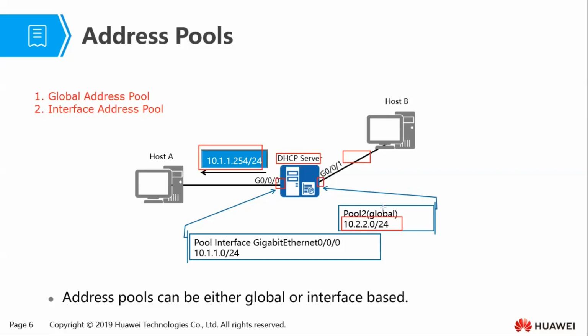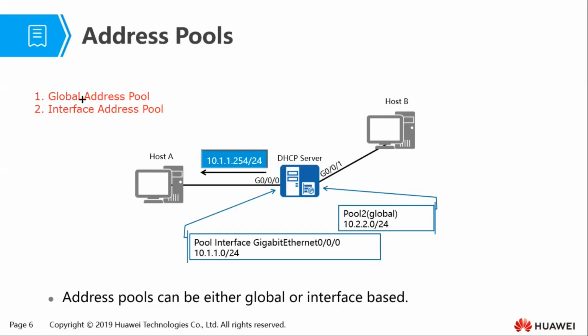So when you configure that in the global, it means that host A, host B, and host C can each be assigned an address from this particular address range. So that is what we call the global, that all the interfaces, all the devices that are connected to that particular DHCP server can get addresses from the same pool.